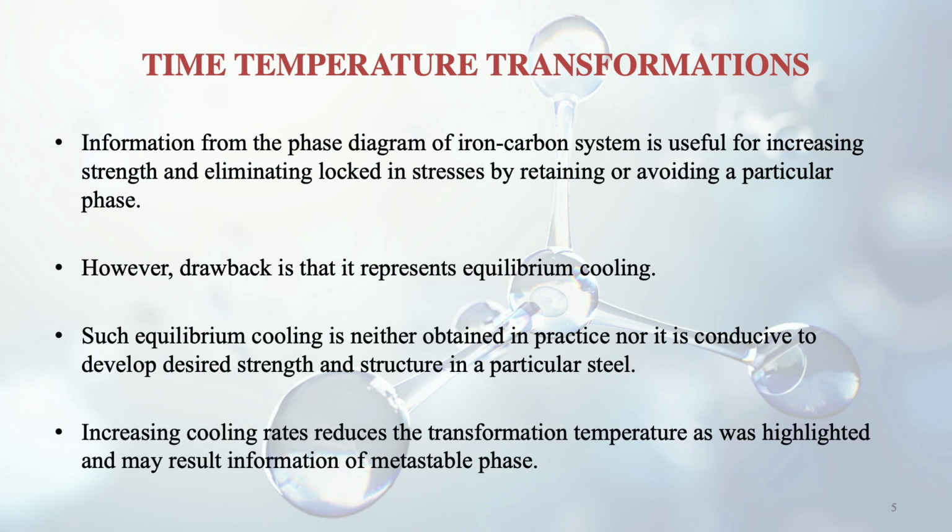Increasing cooling rates reduces the transformation temperature, as was highlighted, and may result in the formation of a metastable phase. So there are different things which can happen. It's not always an equilibrium condition. So we need the TTT diagram, the time temperature transformation diagram. Some examples of the drawbacks in the iron carbon diagram are given here so that you can understand it better.